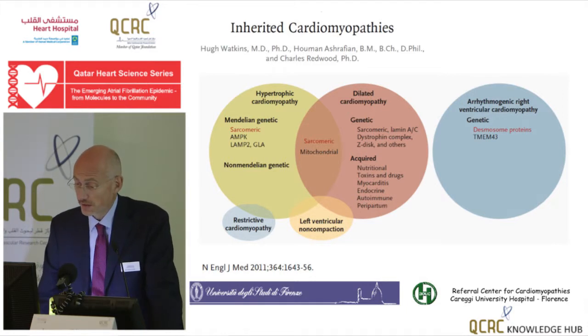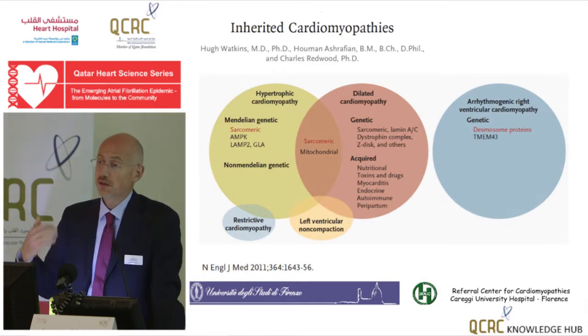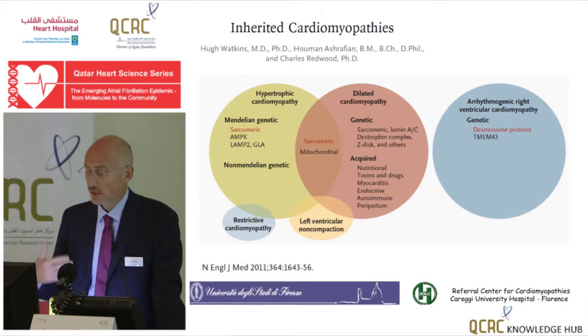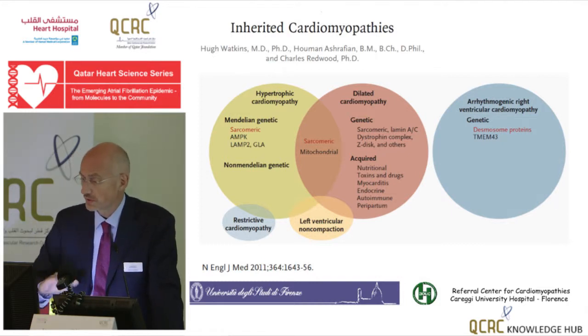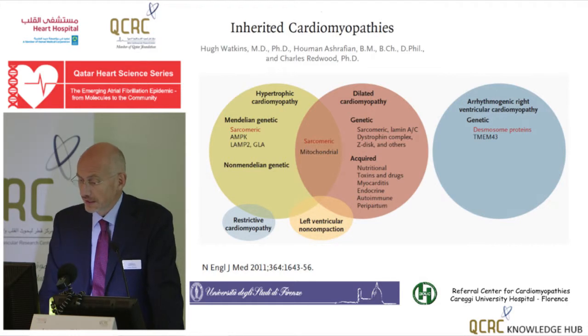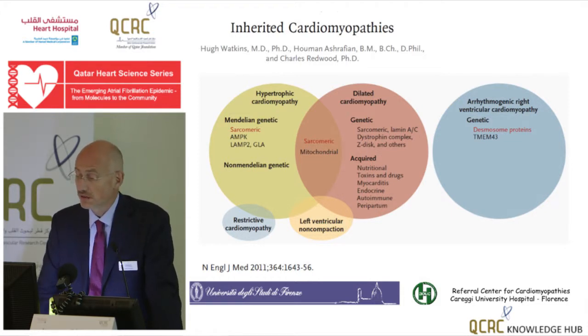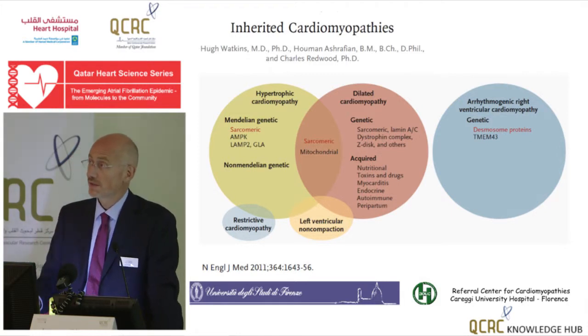It's not surprising that there is overlap in genes, phenotypes, and clinical manifestations. However, there is the desmosome disease, arrhythmogenic right ventricular cardiomyopathy, which seems to stand a little bit aside. Each of these genes can deeply influence the metabolism and function of the sarcomere, the cardiomyocyte and the whole heart, and in turn will have some arrhythmogenic properties as well.